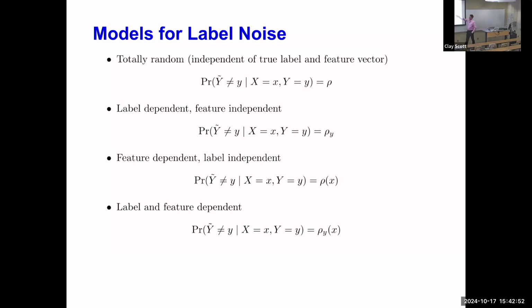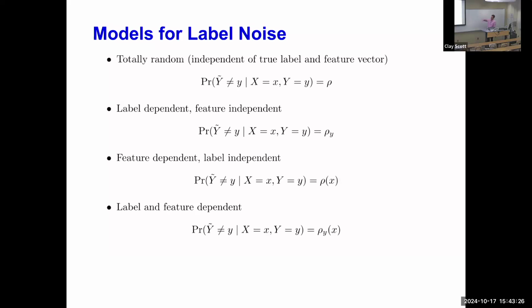A little more generally, you could assume that the probability of corruption depends on the true label, but not on the feature vector. In the third case, the probability of corruption depends on the feature vector, but not the label. And then the fourth case is the most general and the most challenging situation, where the probability of a corrupted label depends on both the feature vector and the true label.